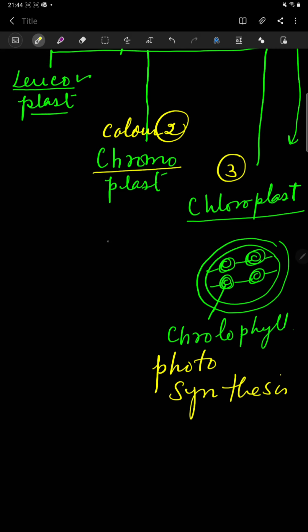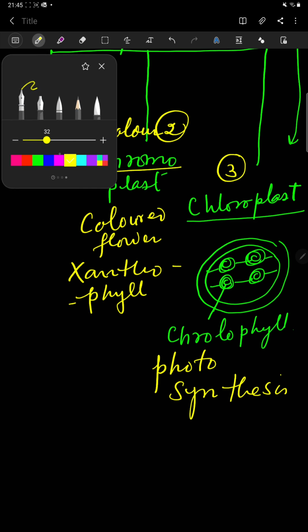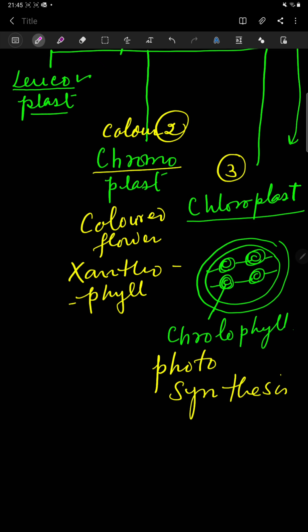They are present in the plant cells of colored flowers, like when the pigment xanthophyll is there, X-A-N-T-H-O-P-H-Y-L-L. This xanthophyll is responsible for the yellow color. Xanthophyll is there inside the chromoplast.